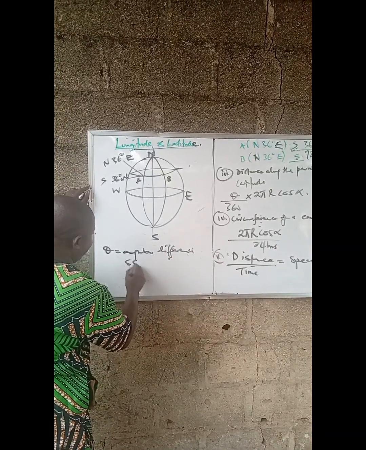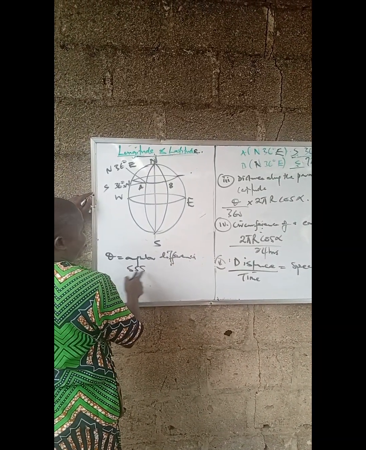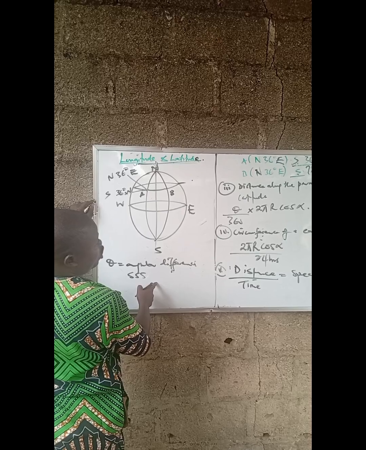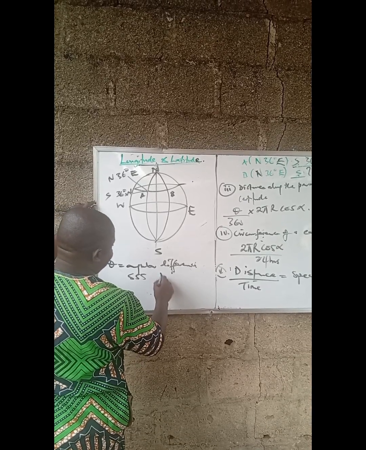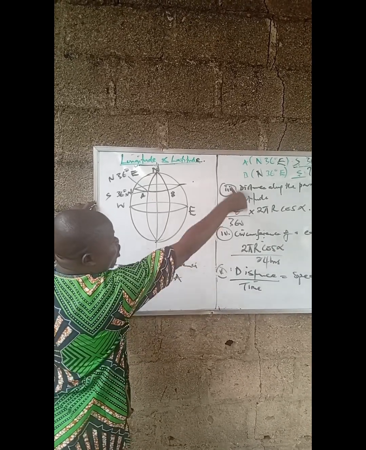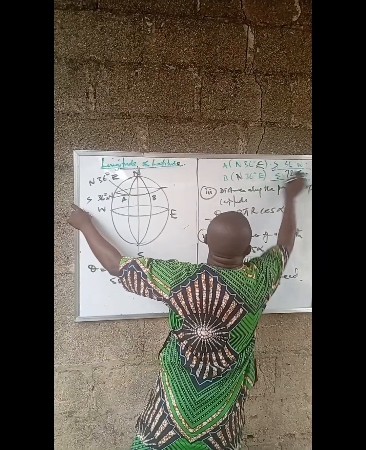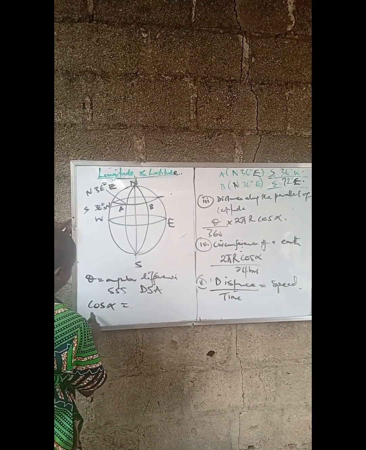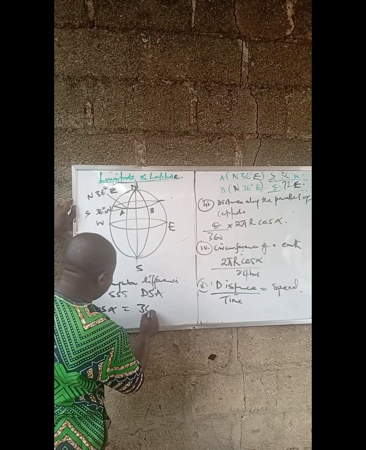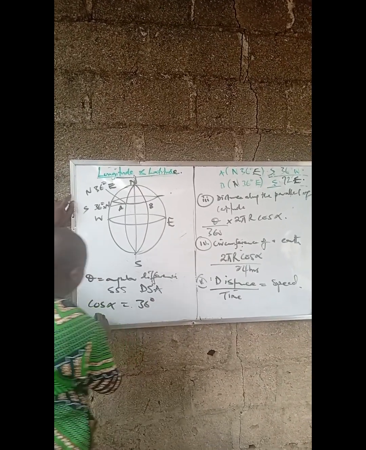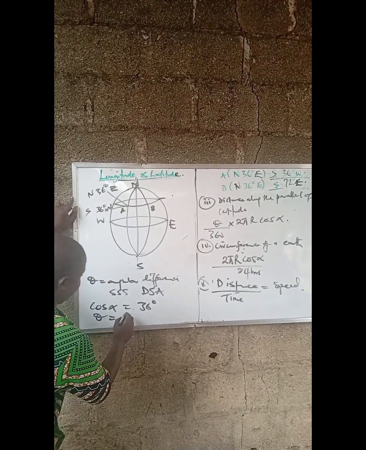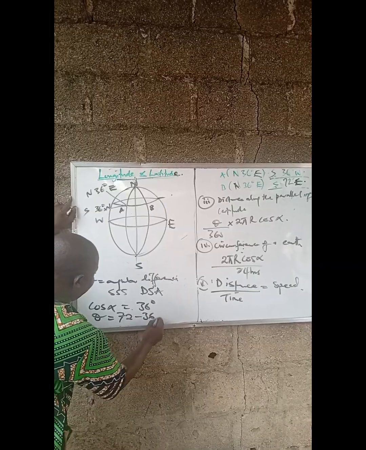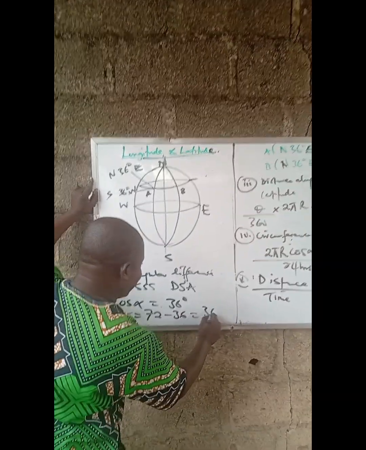SSS means same side you subtract, but different side you add. Now, because they're on different sides, they are not on the same side like this one. So alpha will be 36 degrees, while theta will be 72 minus 36, which is going to be 36 degrees.